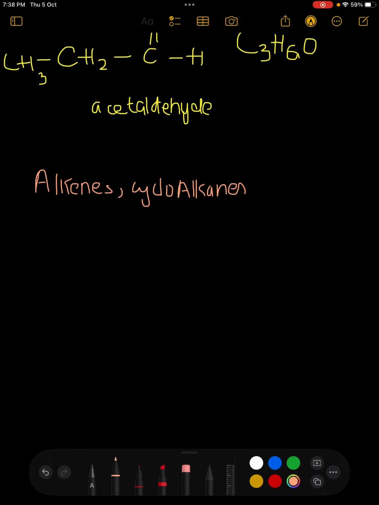Alkenes and cycloalkanes both show functional isomerism. So the formula will be CnH2n, right?